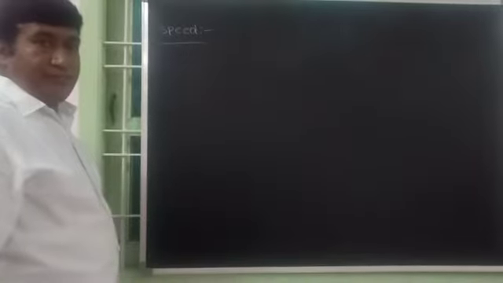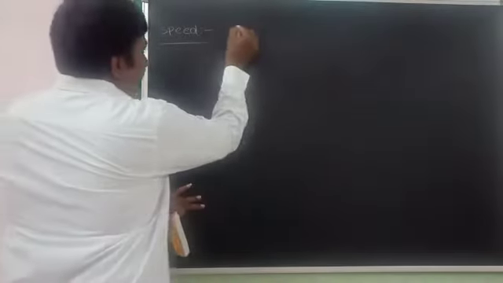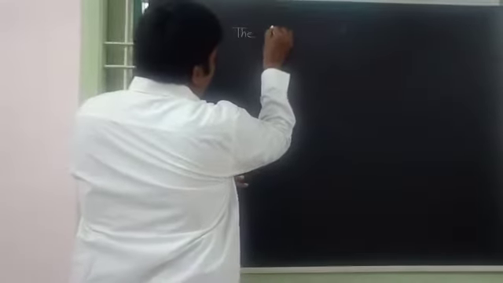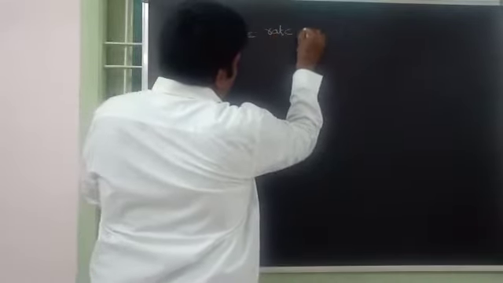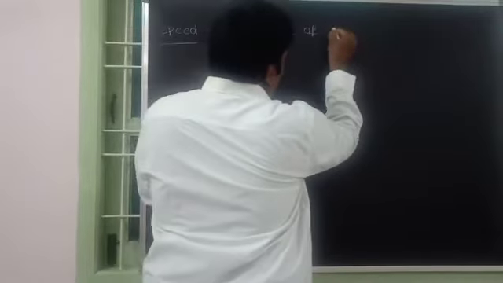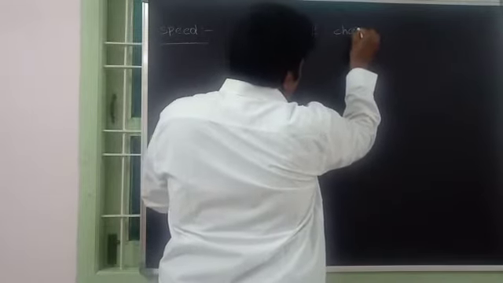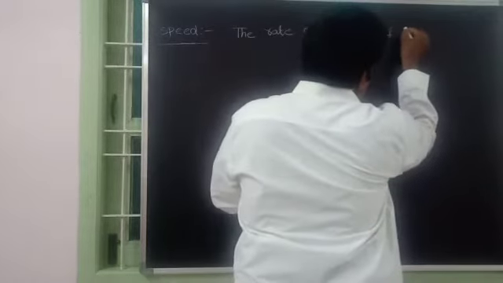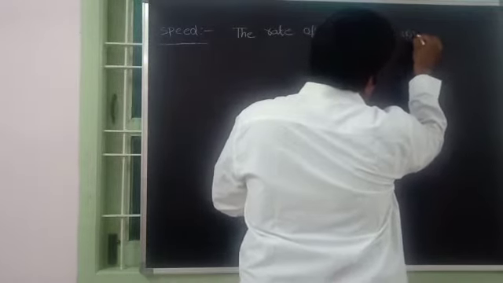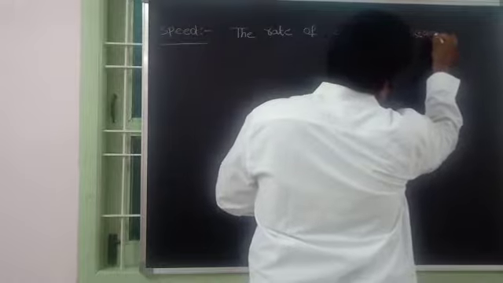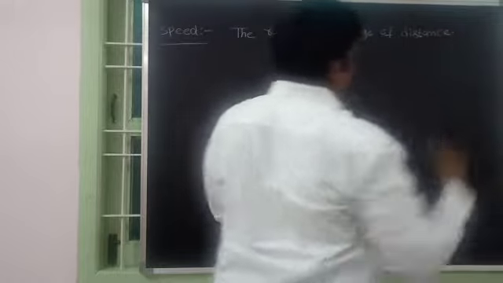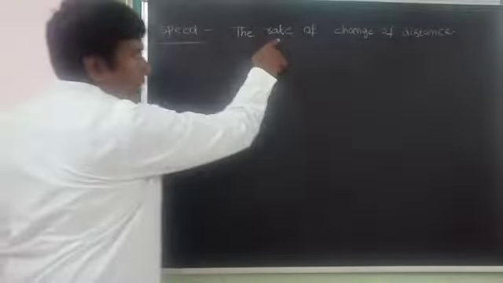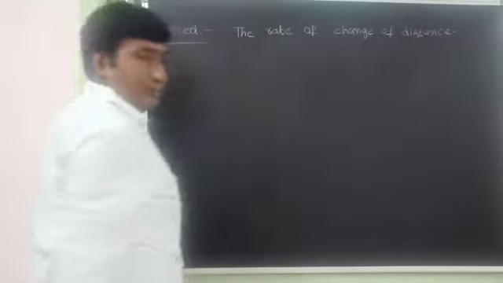Speed is the rate of change of distance. So it's called speed: the rate of change of distance.